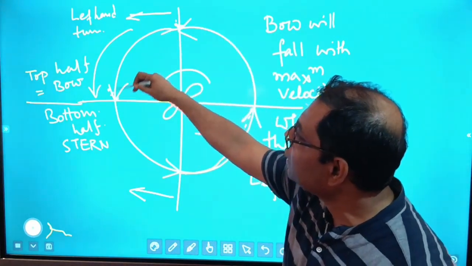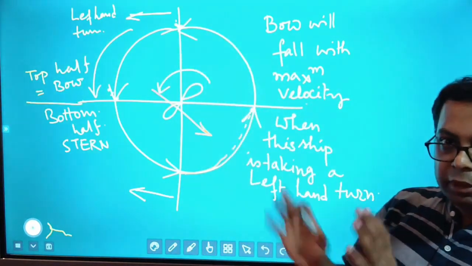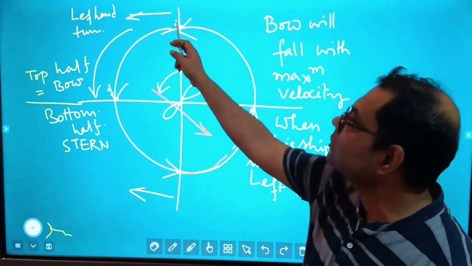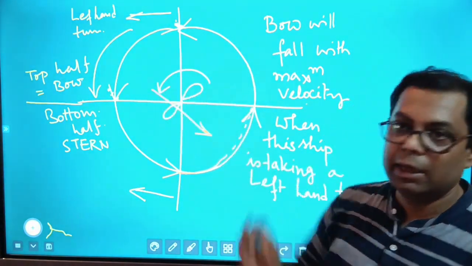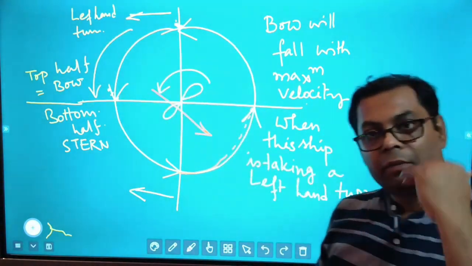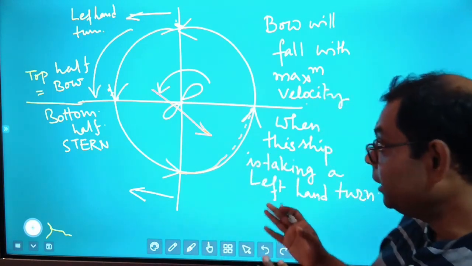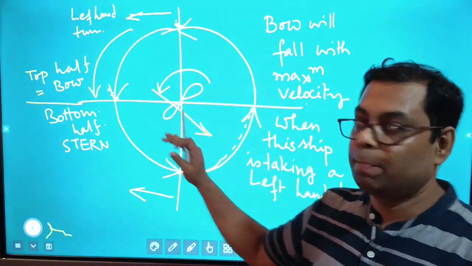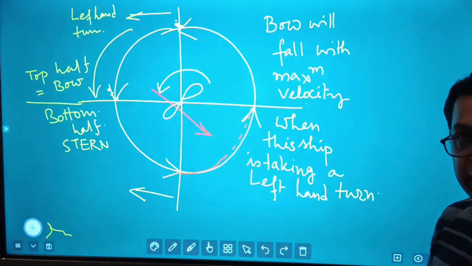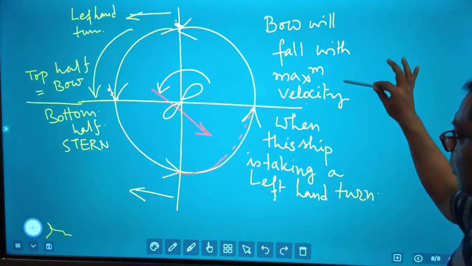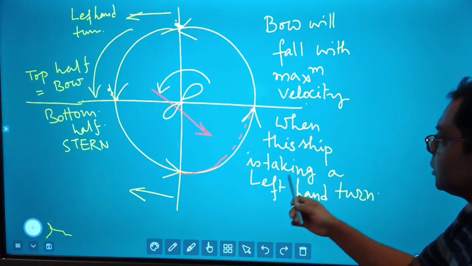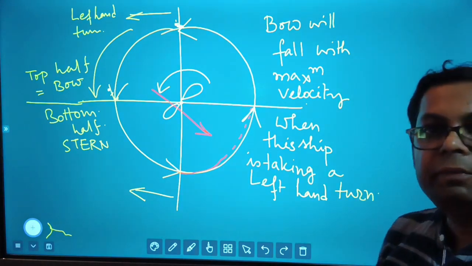This particular quadrant is given as the idea that from here to here the bow is actually falling. So when this ship is taking the left hand turn, the bow will fall with maximum velocity when this ship is taking a left hand turn.